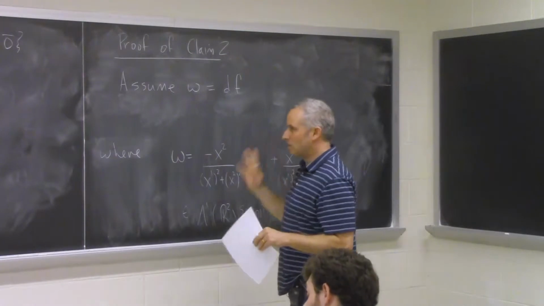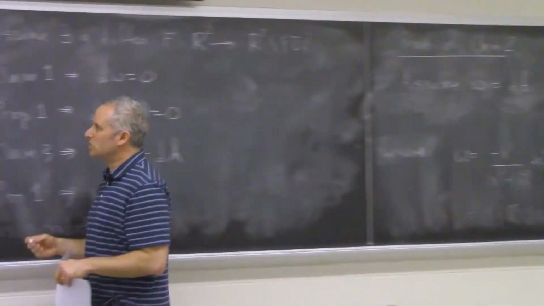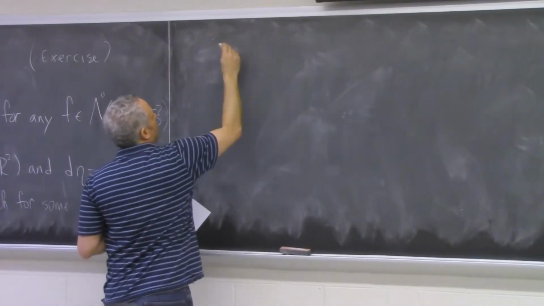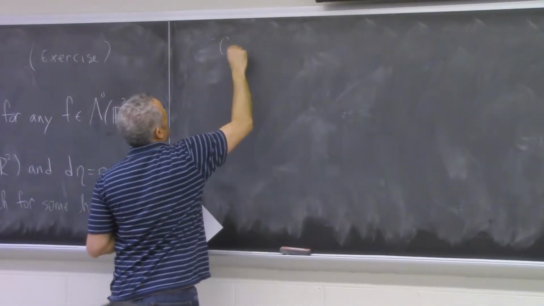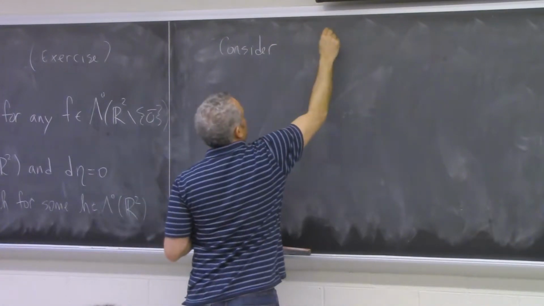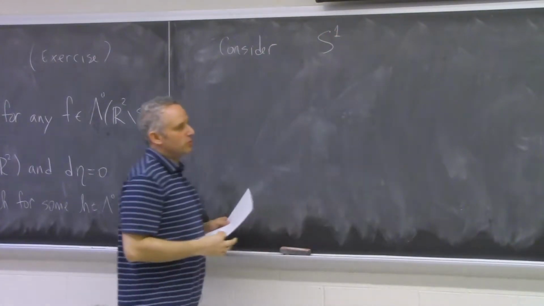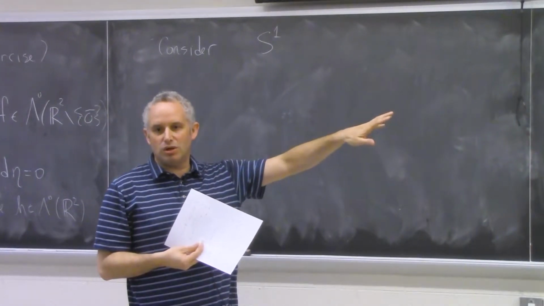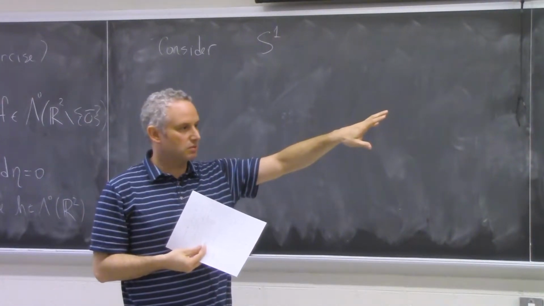Okay? So in fact, we're going to introduce a manifold without boundary into the picture. So consider S1. That's a nice manifold without boundary. And we can put it inside of either R2 or R2 minus the origin, right?